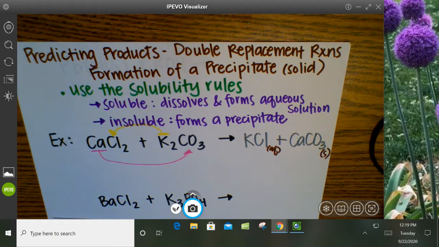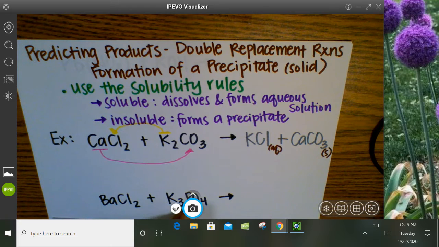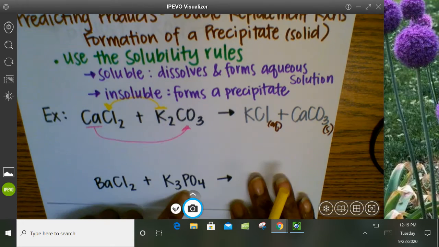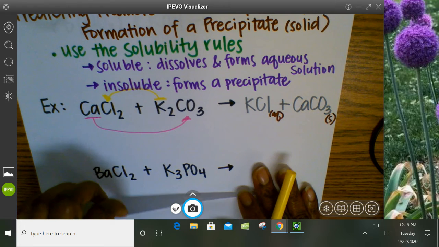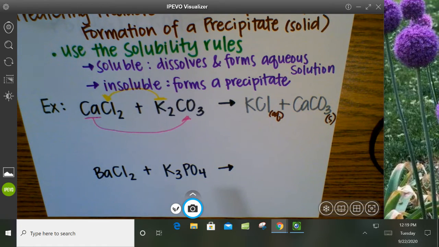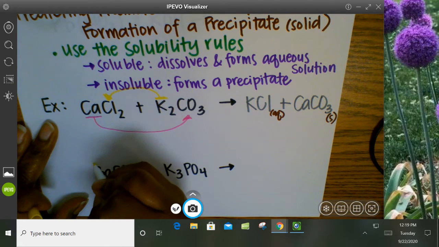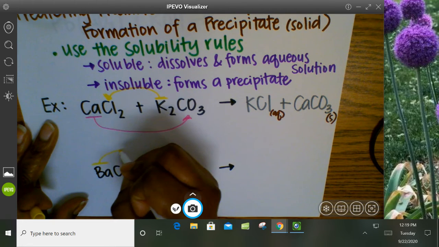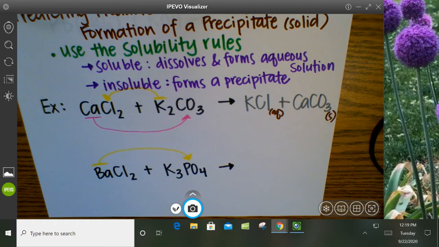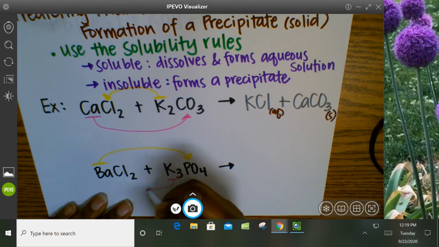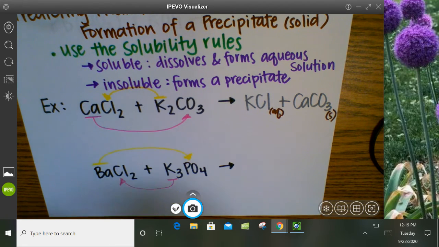We have barium chloride reacting with potassium phosphate, and we need to see what our products will be. So barium is going to now connect with phosphate. Potassium is going to connect with chloride. All right.